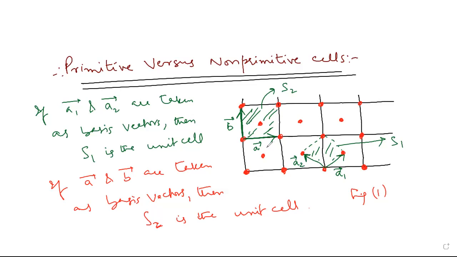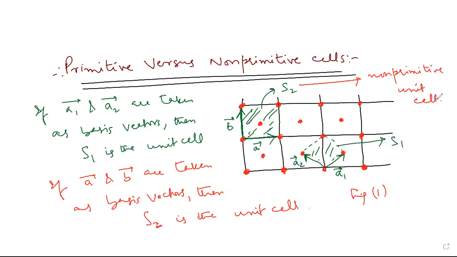Now area S2 has one lattice point at its center in addition to the points at the corner. You can see S2 has a lattice point at the center in addition to the 4 points at its corners, but S1 has no point within, only it has points at the corners. So S2 cell is a non-primitive unit cell.